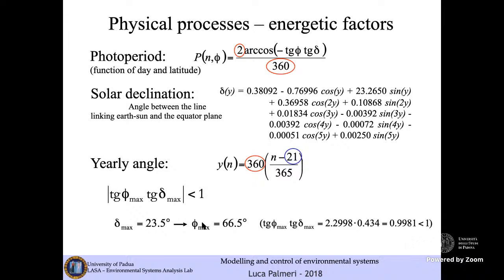So this is because you know that the Earth is not perfectly spherical. Instead, it is an ellipsoid, meaning that it is compressed at its poles, so that the maximum possible latitude, corresponding to the Arctic Circle, is 66.5 degrees.